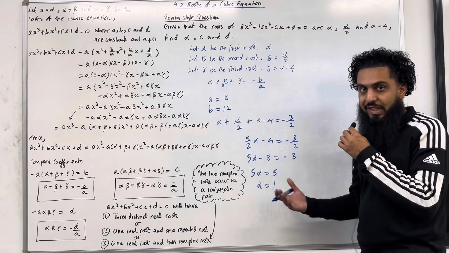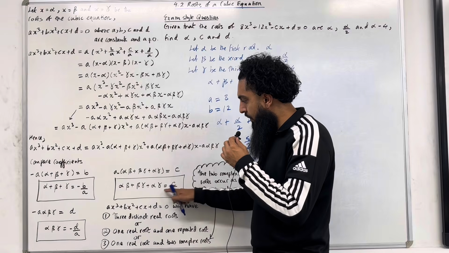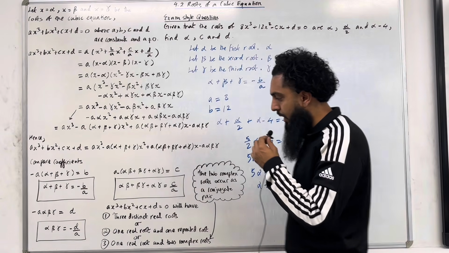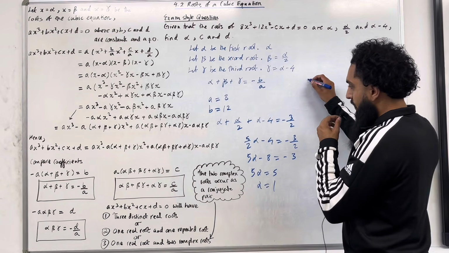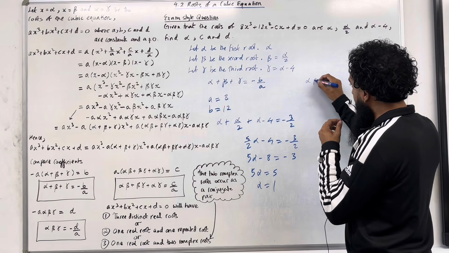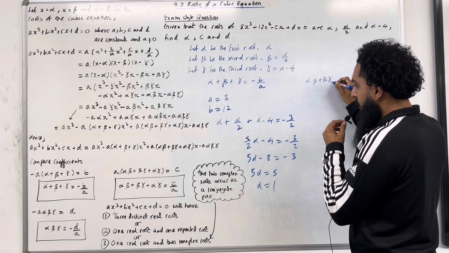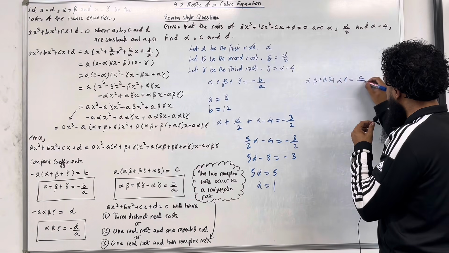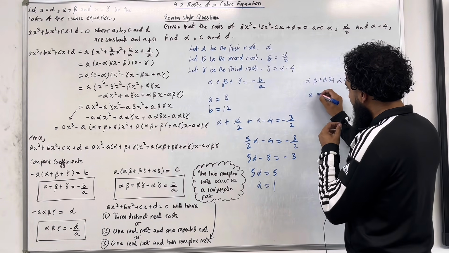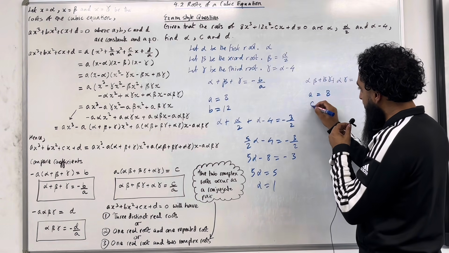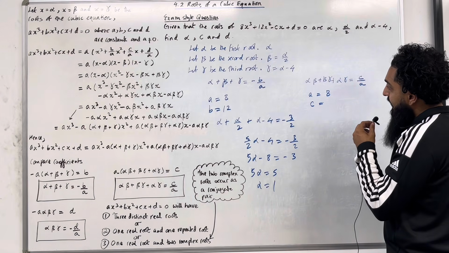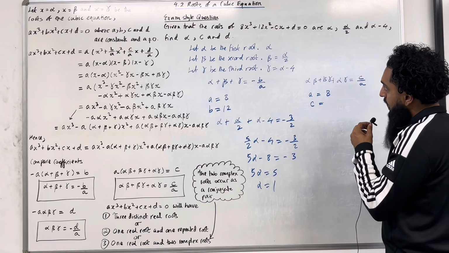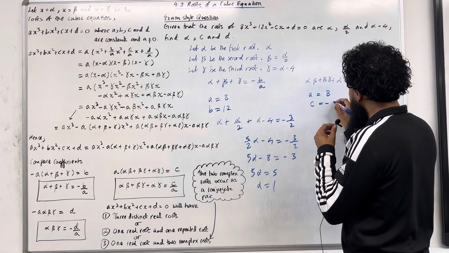Now to work out c, we're going to use this key fact over here because there's a c involved in this formula. So I've got alpha beta plus beta gamma plus alpha gamma is equal to c over a. So for our given cubic, a is equal to 8, c is the coefficient of the x term, which is minus c.